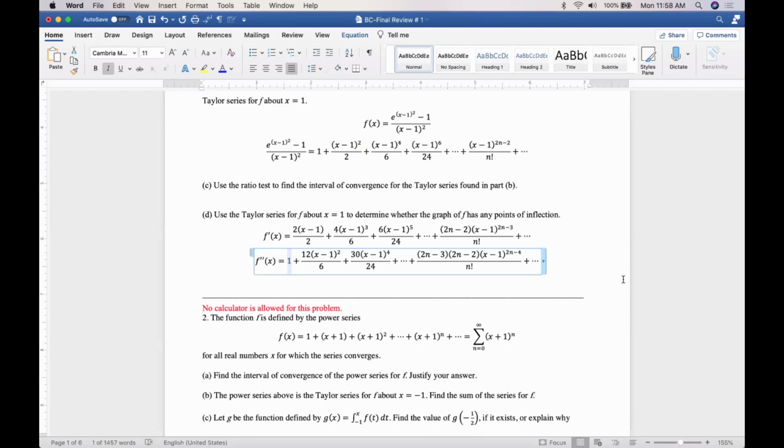Let's try to check concavity. First of all, I have to add all of it, all the way to infinity before and after. If I cannot, then I don't know if it's positive or negative, do I? But can I tell if this is positive or negative before and after?